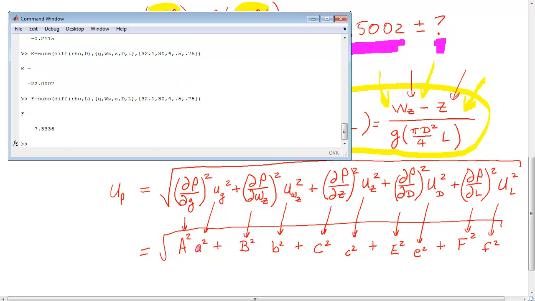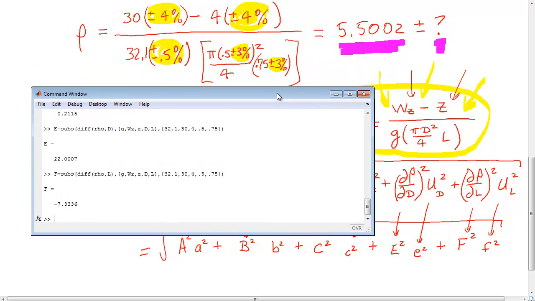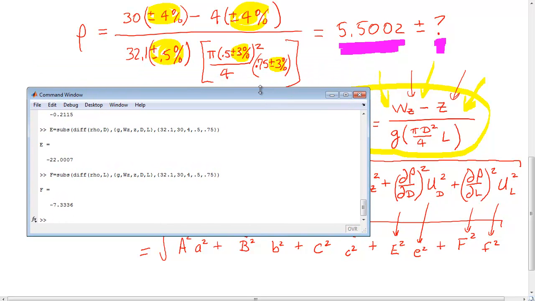What I don't have is my small a, my small b, my small c, small e, and small f. Now, I can look up here and realize these are my values for that, but I need to know my percentages. So I've sort of messed up a little bit, but I can figure these out. It's not that bad.